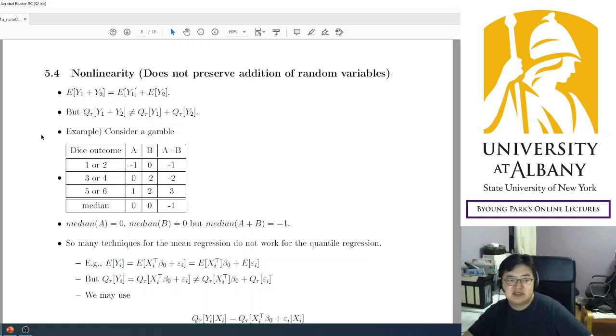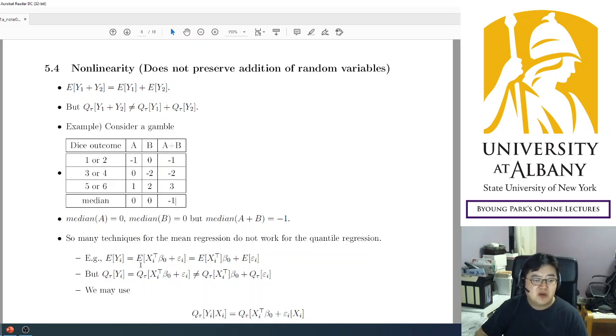Even in this simple example, you can construct a very interesting counterexample, and it causes many problems. For example, we use this equation a lot, but it is not true anymore.